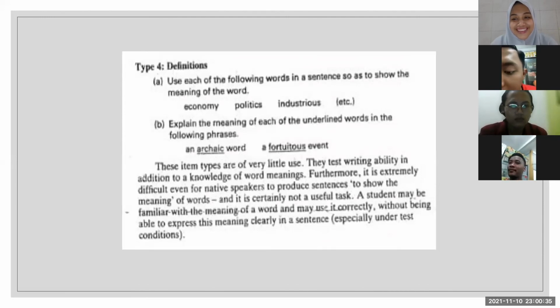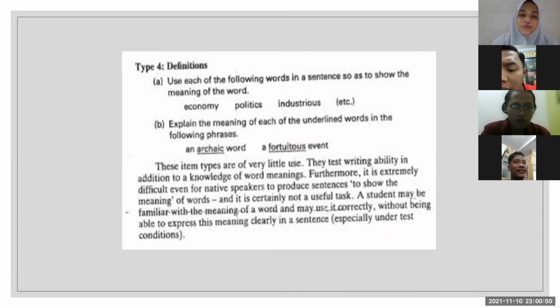This is for type 4, definition. Use each of the following words in a sentence so as to show the meaning of the word, like economy, politics, and religion.